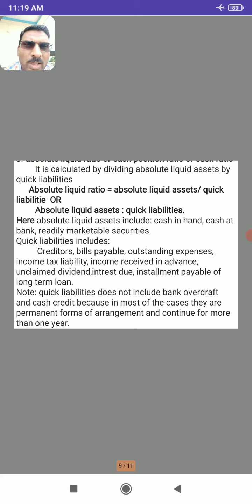Liabilities which are not payable within a period of 1 year are not considered quick liabilities. Therefore bank overdraft and cash credit are not included in the list of quick liabilities.